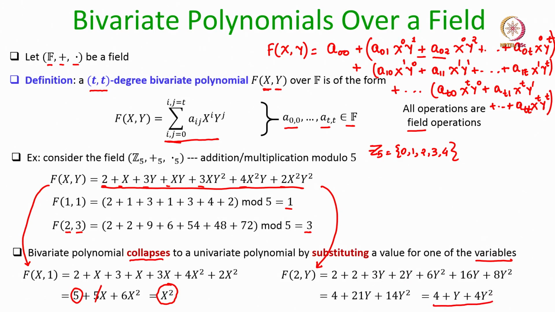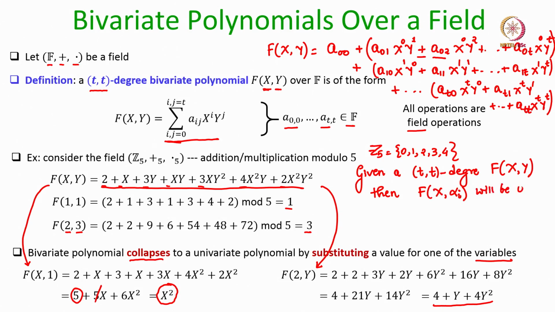So, in general, if we are given a t degree bivariate polynomial, say f of x y, then f of x alpha i will be a t degree univariate polynomial.